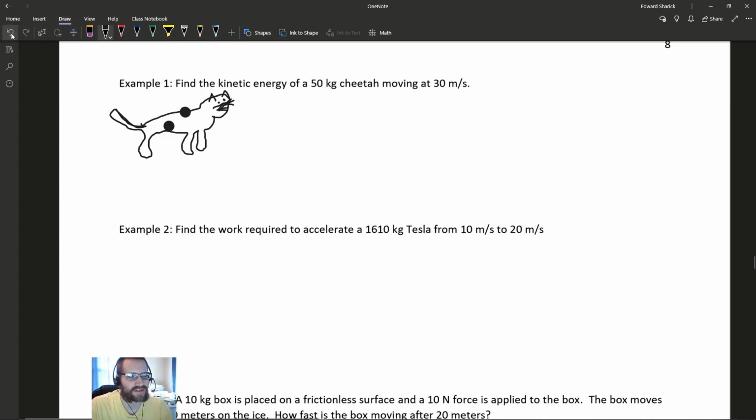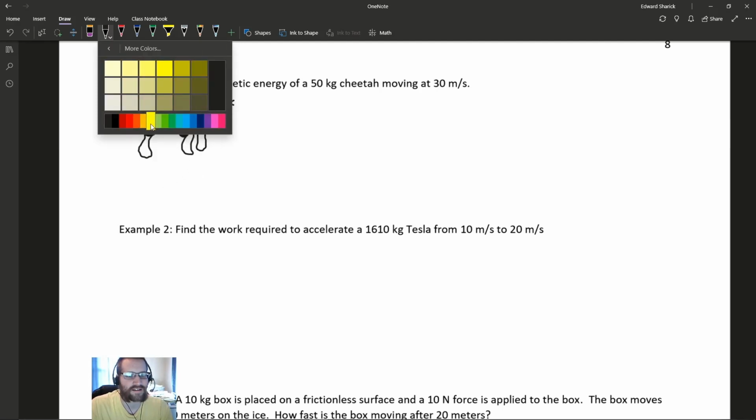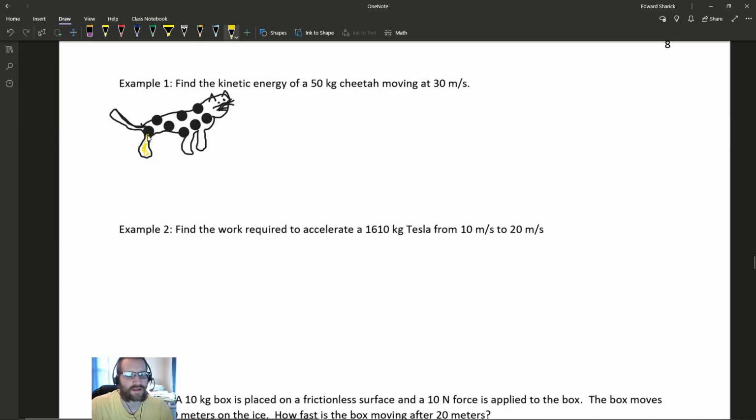Wait, is that a leopard? Yeah, cheetahs have spots. I'm not crazy. Look at them spots. All right. Now we go back down. Let's get a little yellow up in here. Maybe this right here. Let's color him in a little bit. Oh yeah, that's a nice cheetah right there. Oh gosh, I'm having too much fun. Physics is too much fun, guys.